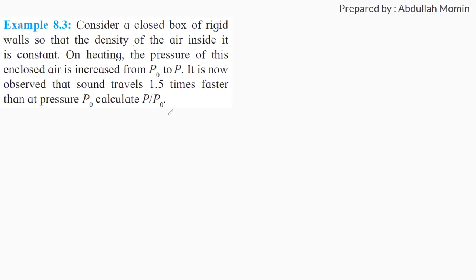Calculate P upon P naught. Initially the pressure was P naught, and after heating the pressure becomes P. So we are supposed to calculate P upon P naught. Pressure increases.